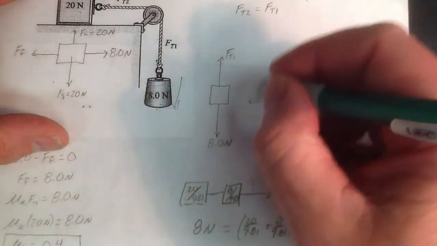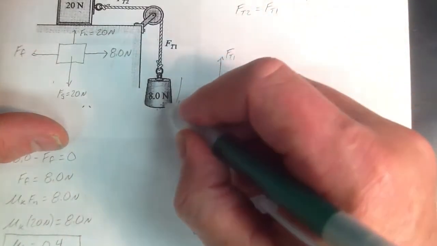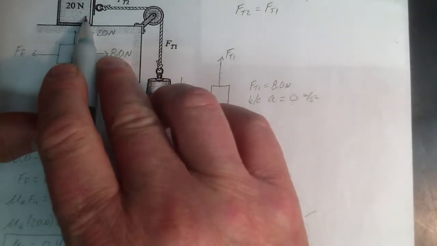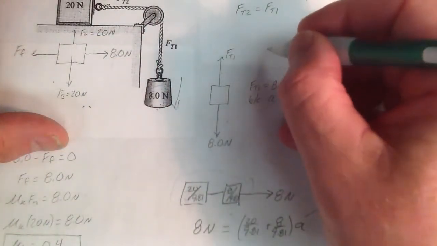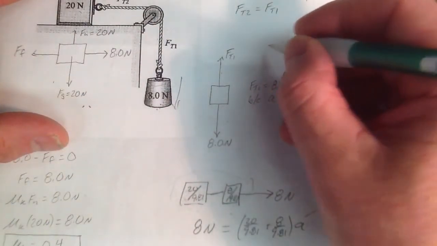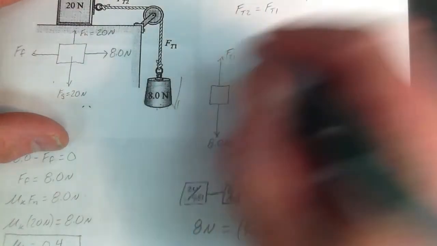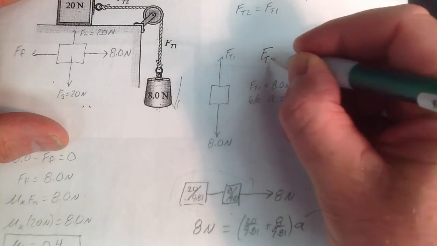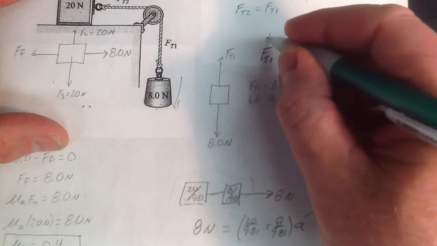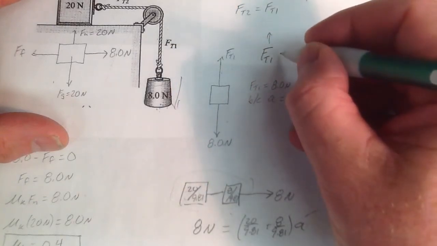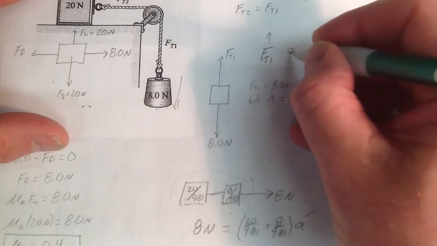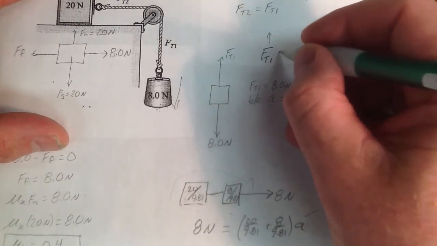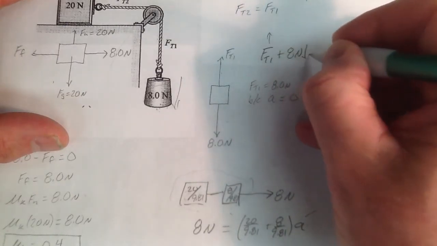So we're going to set up Newton's second law. I could do it for this mass or for this mass, either one. Once I know the acceleration, then for this one right here, I have a force of tension, this diagram calls it Ft1, acting in this direction, and then I've got 8 newtons acting in the opposite direction.